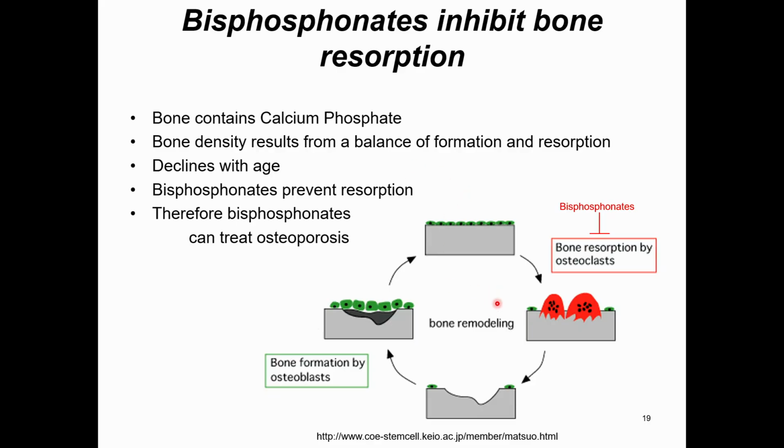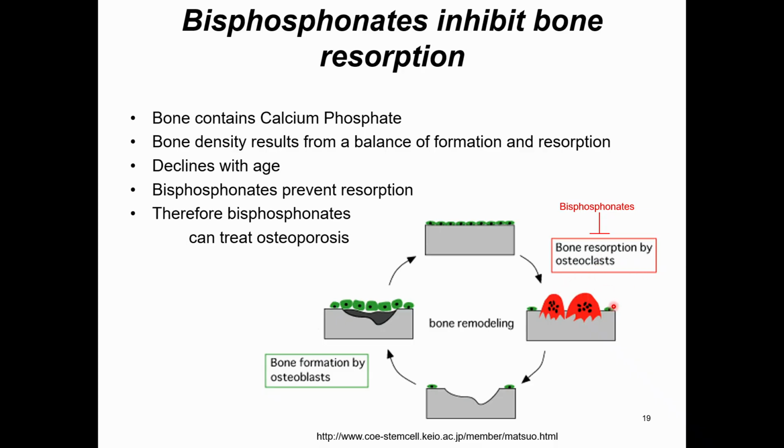So here's what's ordinarily going on, especially at the end of long bones, where arthritis can occur. Basically, there are two types of cells that do this. One is called an osteoblast, and the osteoblast makes new bone. And then there are cells called osteoclasts, which actually resorb bone.